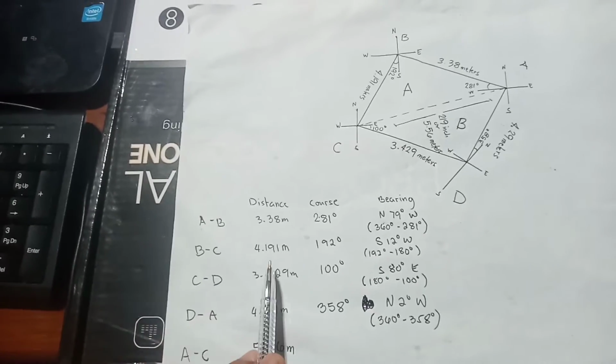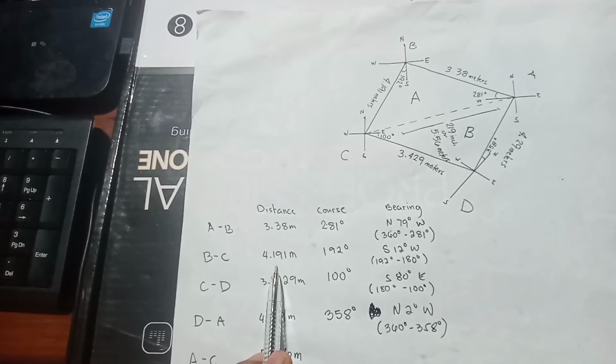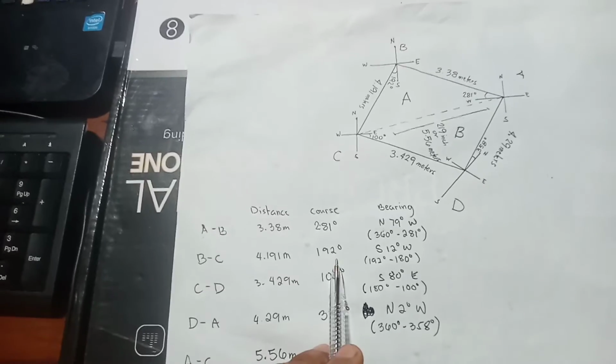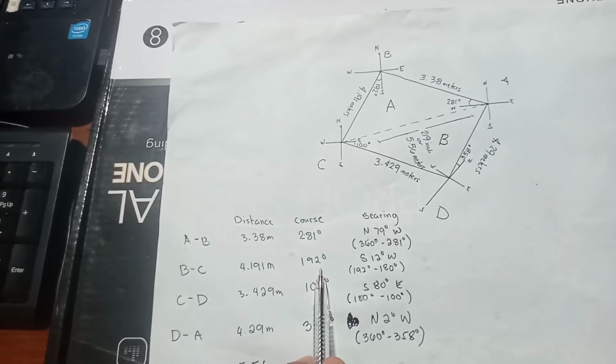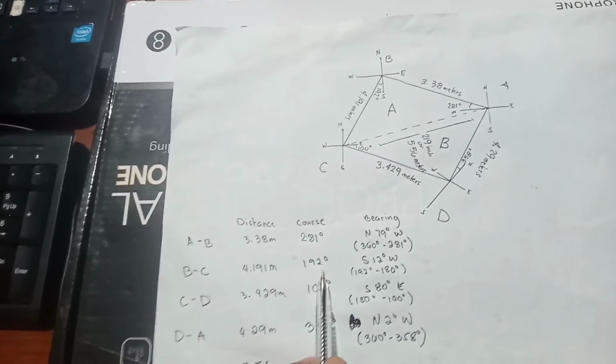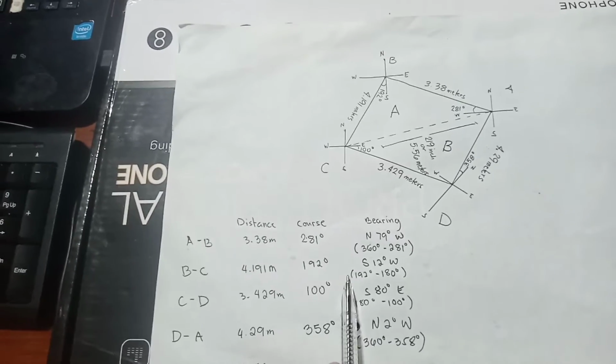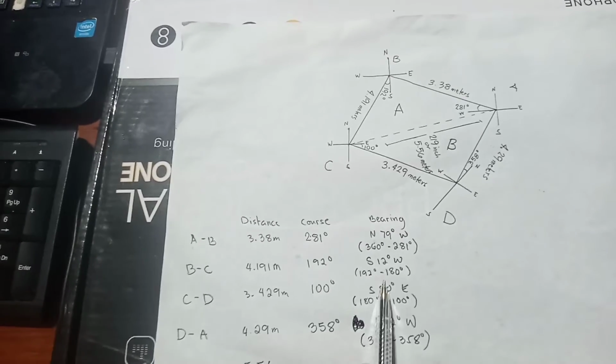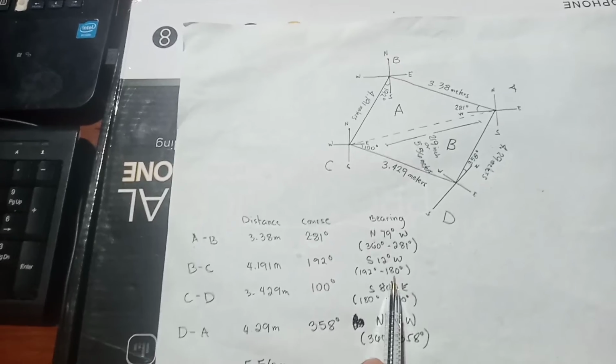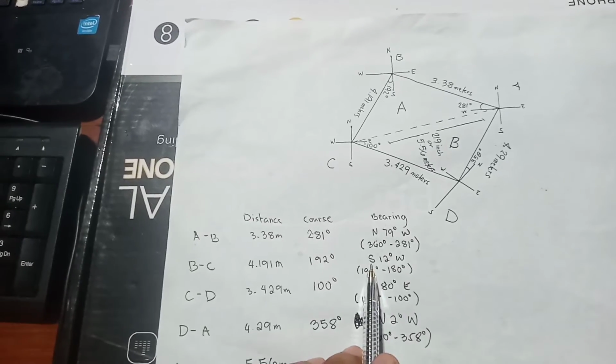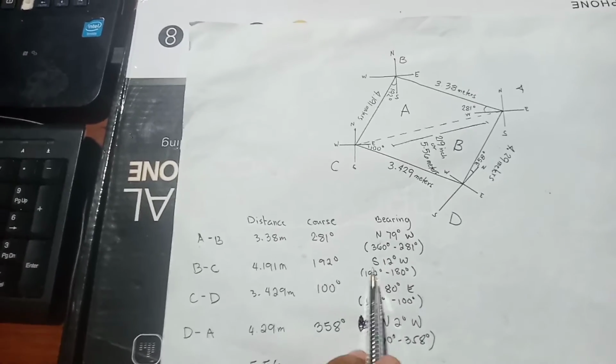In point B to C, the distance is 4.191 meters with a course of 192, and it is in the third quadrant, so I subtracted 180 degrees from 192 degrees. So I come up with the bearing of 12 degrees south of west.